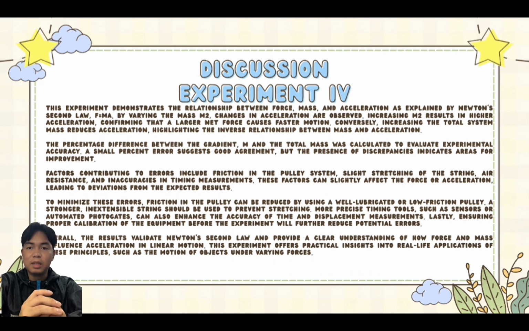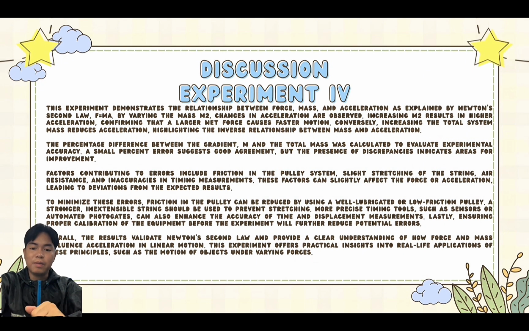Conversely, increasing the total system mass reduces acceleration, highlighting the inverse relationship between mass and acceleration. Overall, the results validate Newton's second law and provide a clear understanding of how force and mass influence acceleration in linear motion.